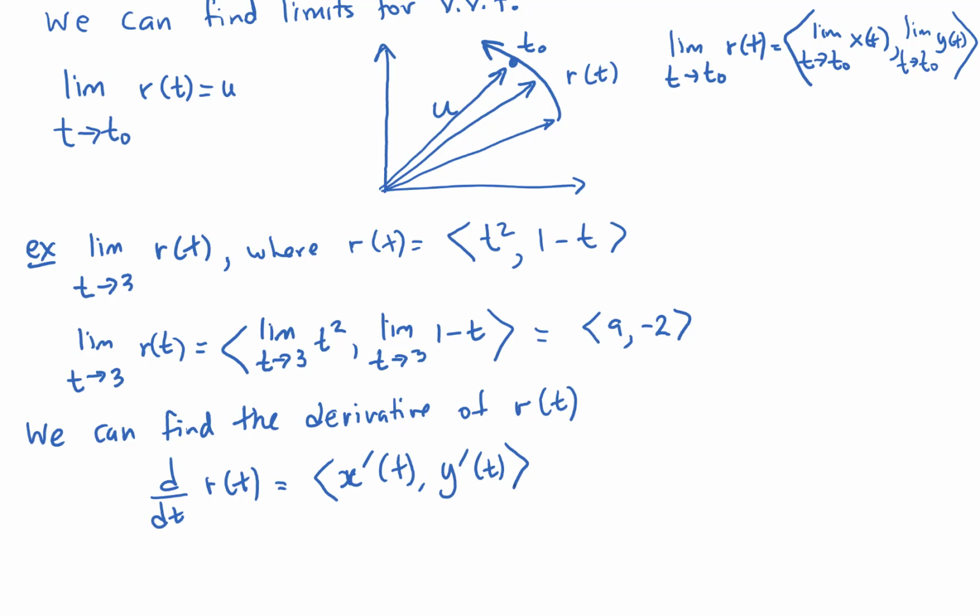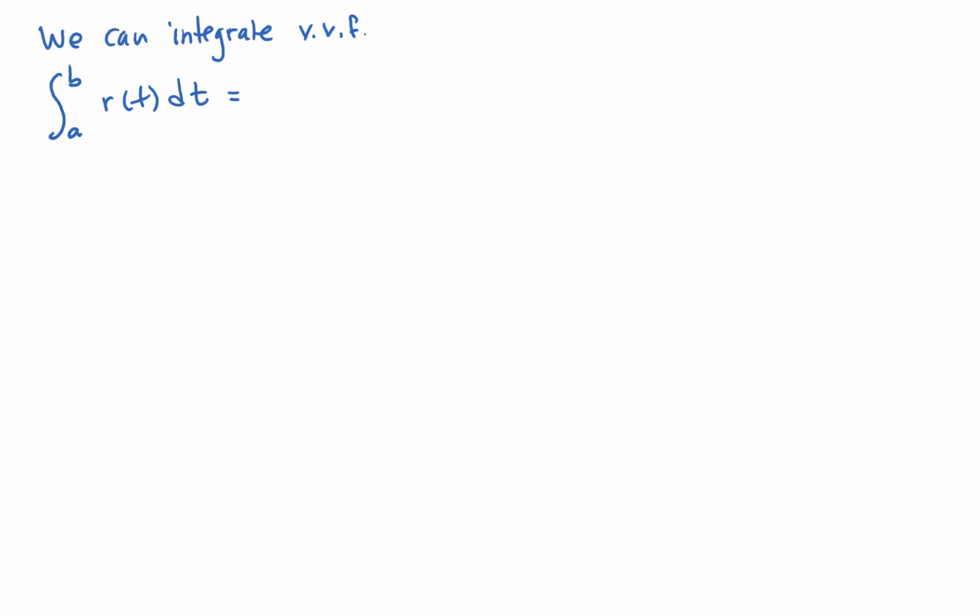As well, we can apply the sum rule, the scalar rule, the product rule, even the chain rule can be applied to all of the vector valued derivatives. And we can also integrate vector valued functions. And so we would get the integration of this being equal to, using FTC1.